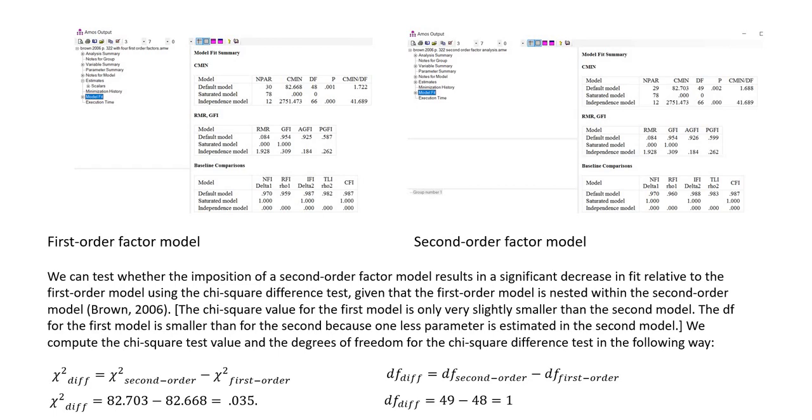So for a chi-square test with 1 degree of freedom and testing with alpha at 0.05, the chi-square critical value is 3.84, and you can see then that the 0.035 computed from our data is way less than that. So that would tell us that there's not a statistically significant difference between our first and second order factor models in terms of their fit.